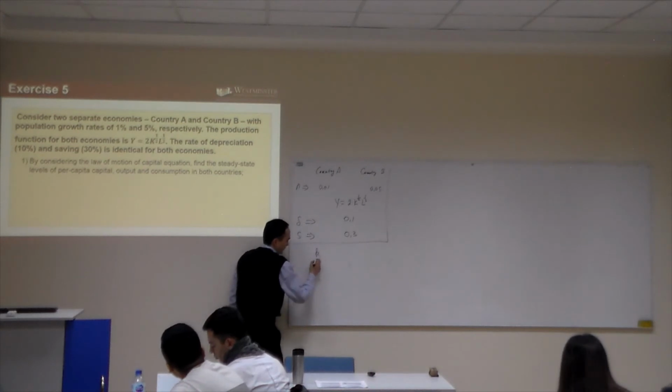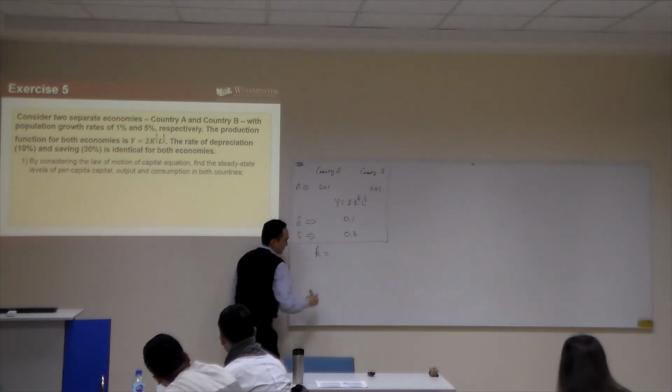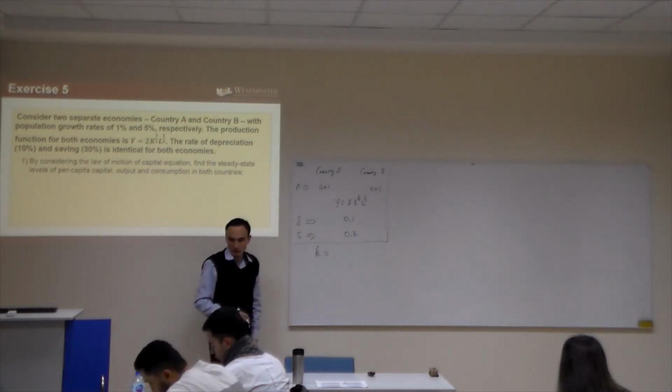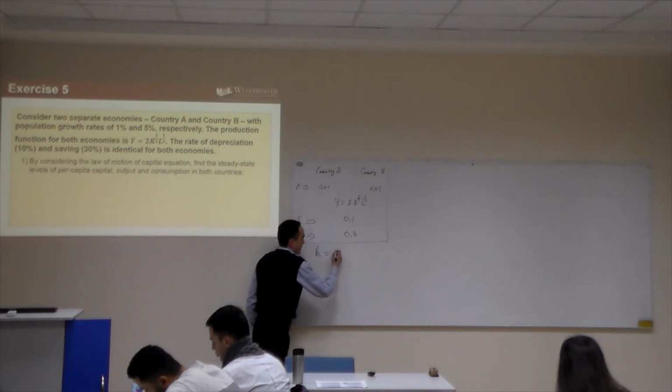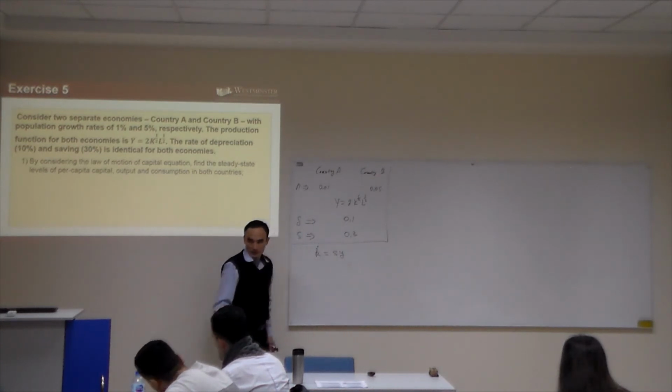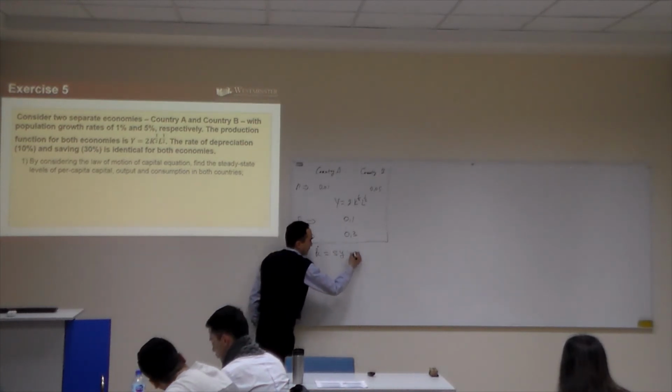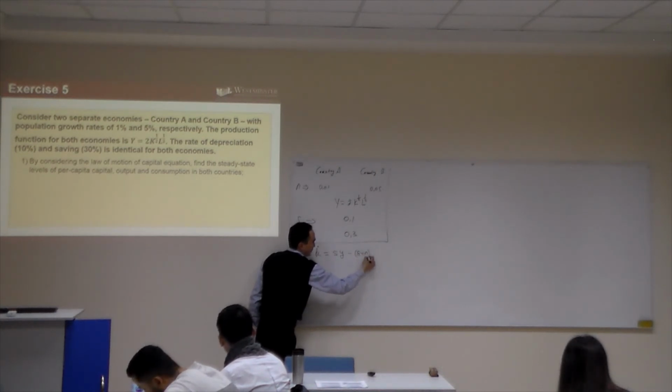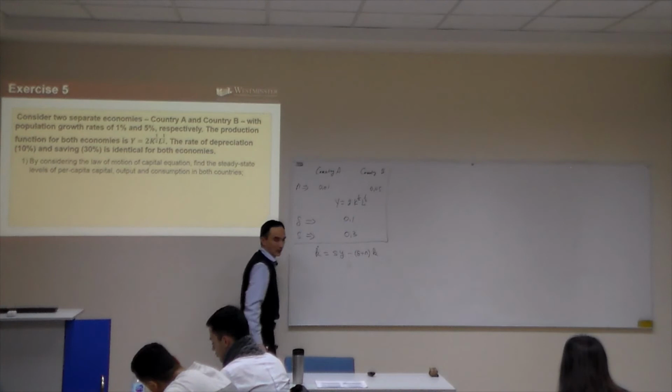Change in per capita capital, the law of motion, what was it equal to? Investment, right? Saving rate times output per capita minus depreciation plus growth in population times per capita capital.